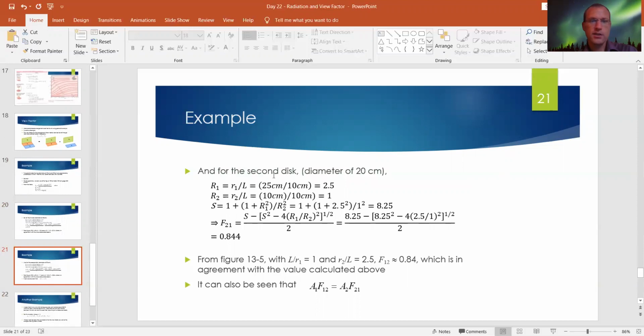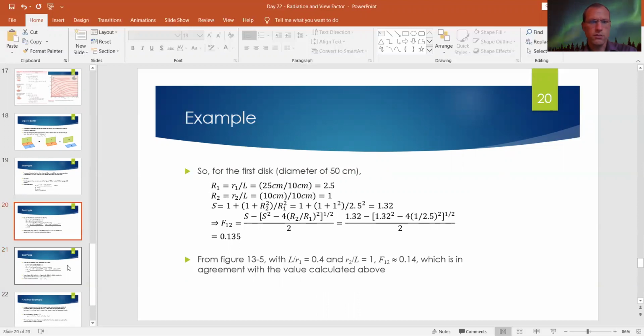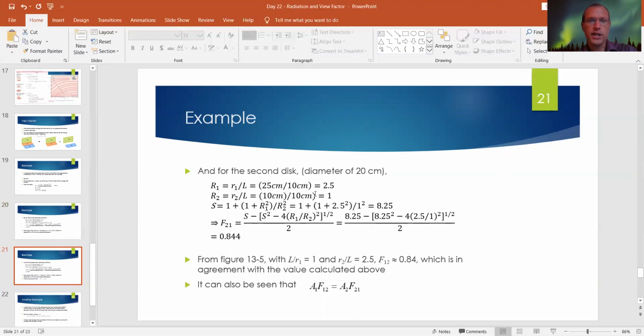Do the same thing for the second disk. So the smaller disk, diameter of 20 centimeters. Again, I can use the same values that I had before. R1 and R2 are the same as what I had before, but what I actually want is, because I'm finding F21 now instead of F12, S gets switched around.